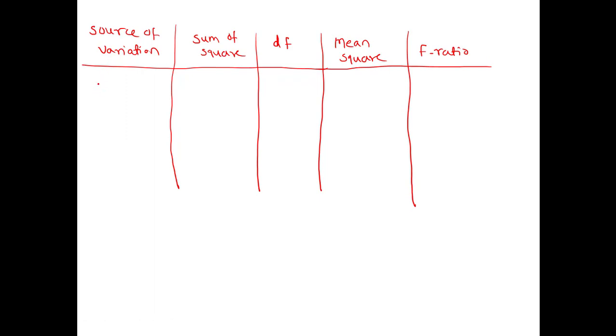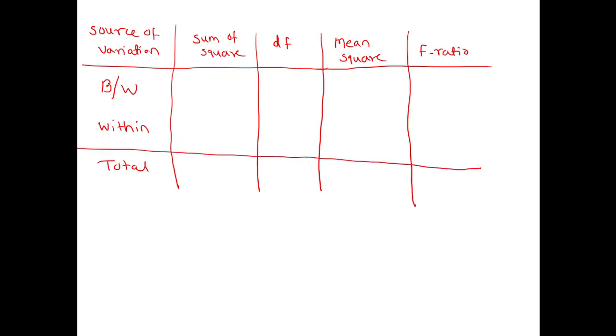So here this source of variation is between the samples, within the sample, and the total. So between means SSC, this is SSE, and this is SST.